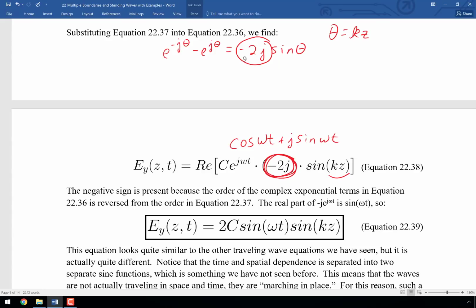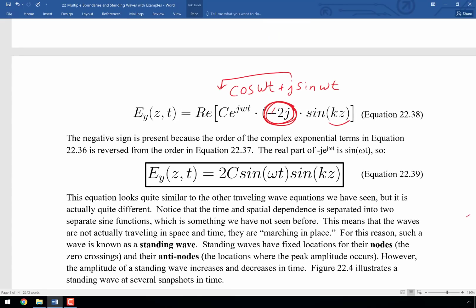Well, j times j is going to give a negative 1, and so ultimately the imaginary is going to switch from the sine to the cosine because we multiplied by j, and then the negative sign that is j squared is going to cancel with this negative sign right here, and we end up with positive 2 times C, which is the amplitude of the original wave, times sine of omega t times sine of kz.